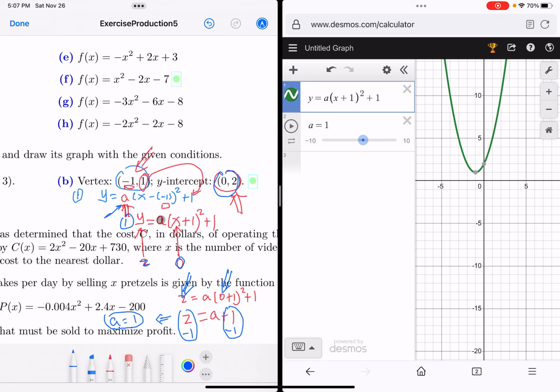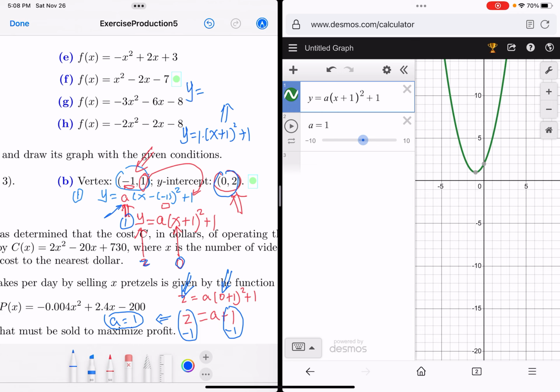Then you plug in right here. That will be the equation. So what is the equation? The equation will be y equals x plus 1 squared plus 1. Because a is 1, you do not have to write it. You may expand this one.